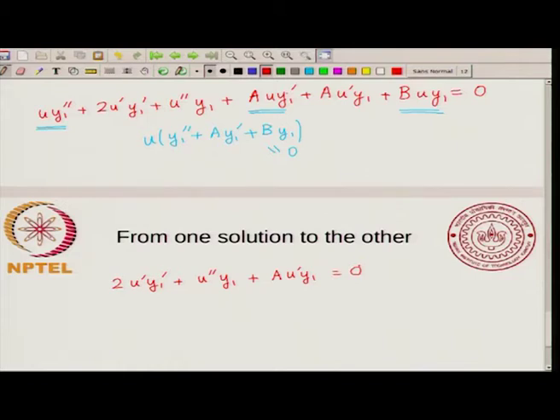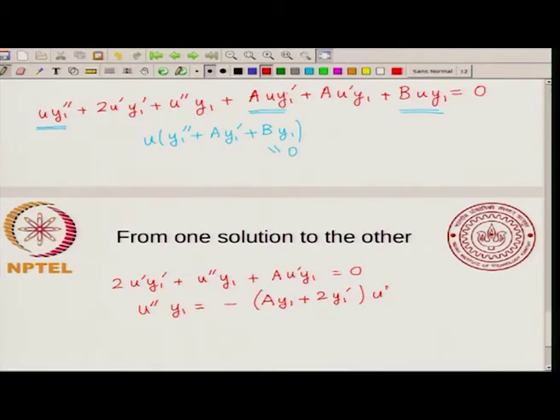And what I see is that there is no u term in this. So there is no u term, so I can just write this as u double prime y1 is equal to minus of (a y1 plus 2 y1 prime) into u prime.